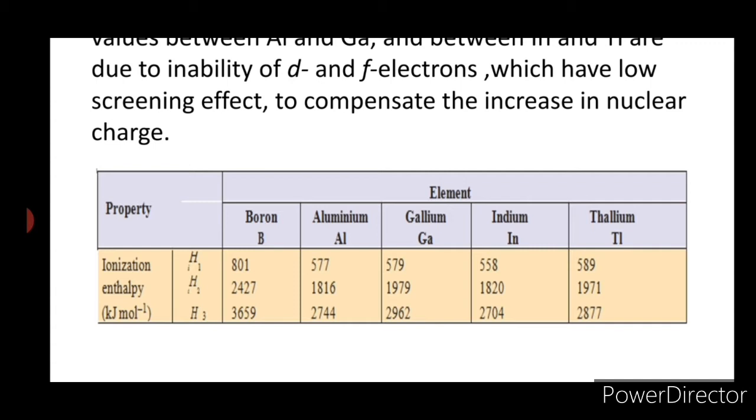It is slightly increased, and for indium it is 558, and for thallium again it increases, that is 589. In case of the second ionization enthalpy, you can see that the same thing happens. Similarly, for third ionization enthalpy.